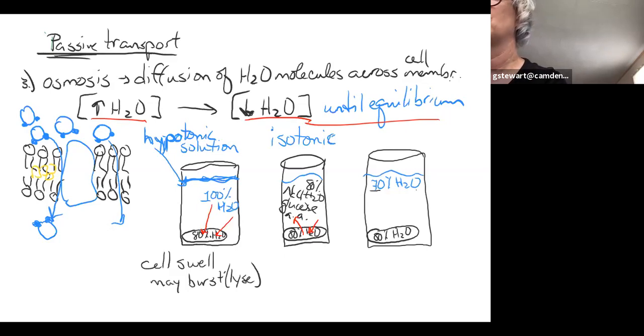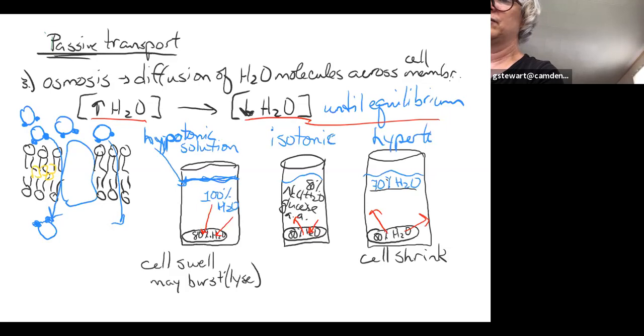Because we've dissolved lots of solutes into the water, into the solution. So in this scenario, there's more water inside the cell than outside the cell, so the water will travel in this direction. The cell will shrink, shrivel, whatever you want to say. This type of solution we refer to as a hypertonic solution.